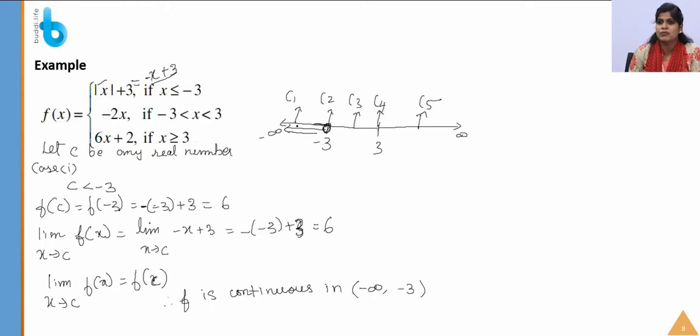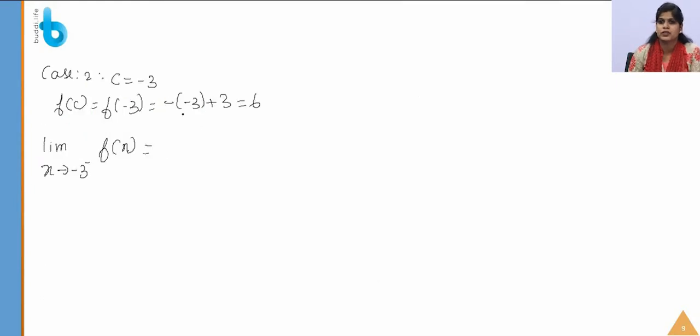To the left hand side of minus 3 means less than minus 3, right? So you will take these values. To the right hand side of minus 3 means, in this interval, so you will take this value. So minus x plus 3, here you will apply the limit x tends to minus 3. So minus of minus 3 plus 3 equal to 6.